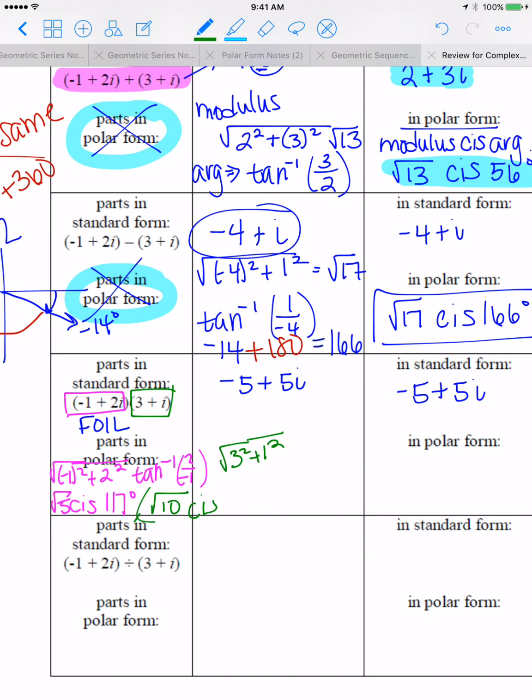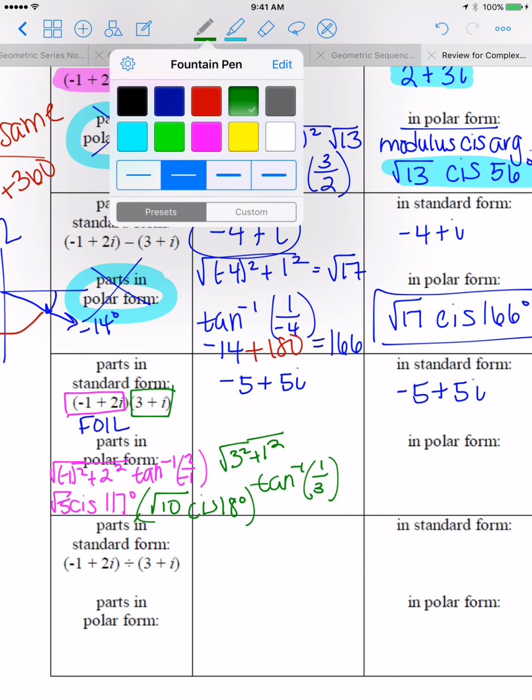Put this in parentheses, and then I have to find my tangent. So I get 1 over 3, so inverse tan of 1/3 is going to give me 18.4 degrees. I am in quadrant 1, so I don't have to add anything. It is what it says it is, so 18 degrees.